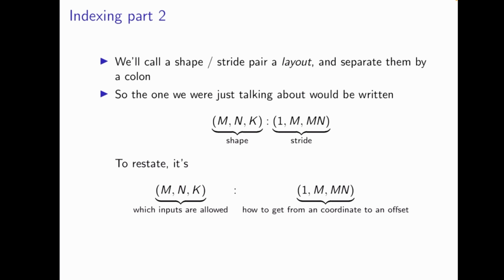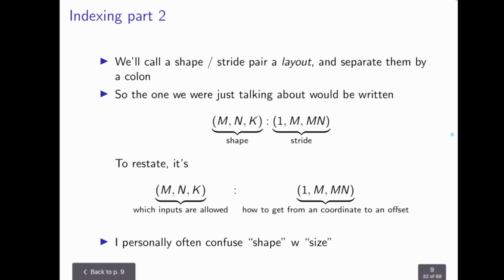So I take whatever the input coordinate is, and I dot it with the stride in order to get the linear offset. Often I will mix up the terms shape and size. Those are definitely not the same thing, but you can see why I do, because the shape delineates which coordinates are allowable, so it is something like the size.